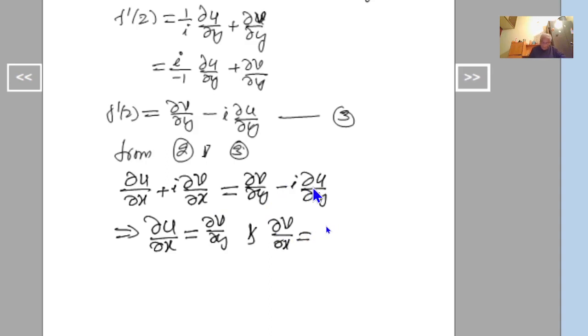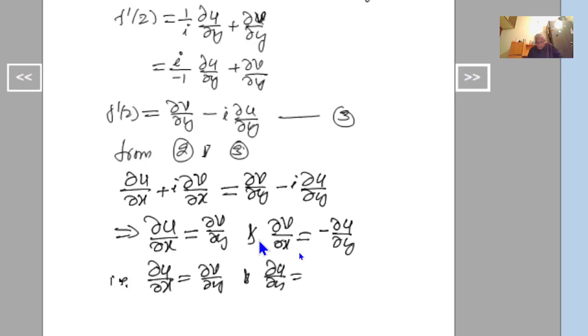Minus dou u by dou y. So that is dou u by dou x is equal to dou v by dou y, and dou u by dou y is equal to minus dou v by dou x.